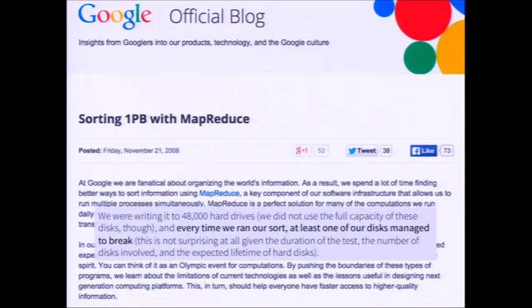So in cases like this, fine-grained fault tolerance is extremely important, because if you sort a petabyte and use coarse-grained fault tolerance, which means you rerun the whole thing when one thing fails, you will never complete your job, because you're bound to have one hard drive fail.